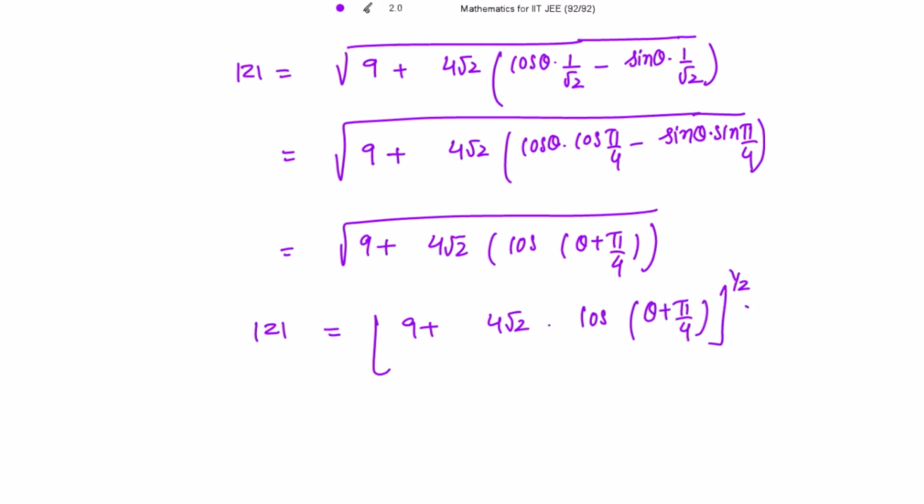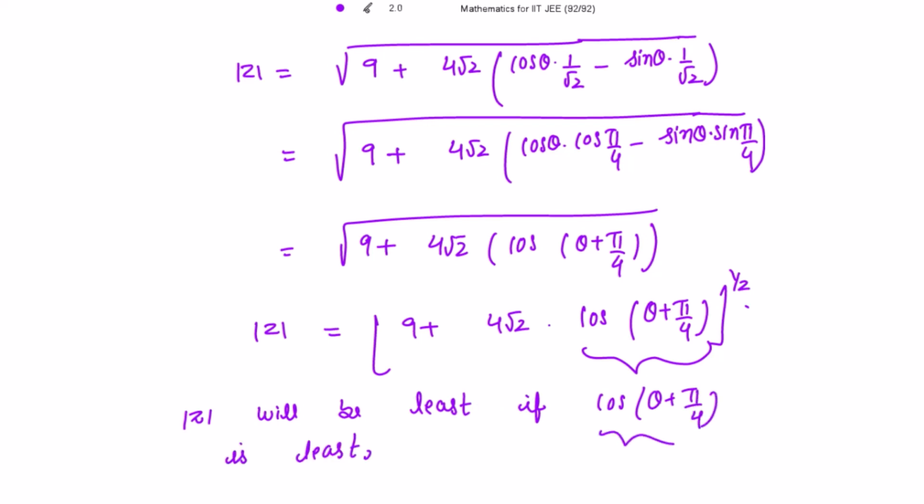Now when this mod of z will be least? If cos of theta plus pi by 4 is least, right? So mod of z will be least if cos of theta plus pi by 4 is least. If cos of theta plus pi by 4 is equal to negative 1.